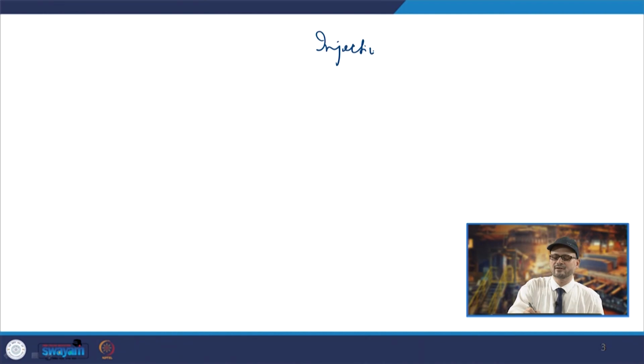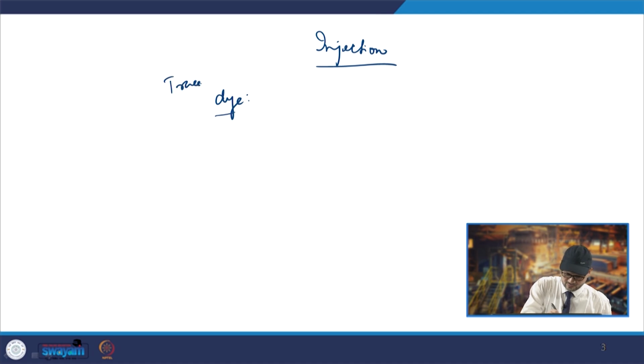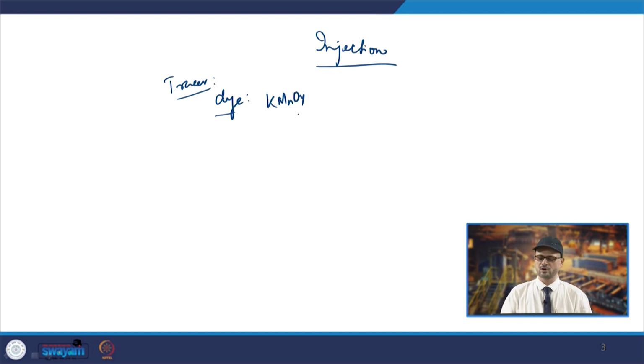It will diffuse inside the tundish, and its concentration will be monitored at different points inside the vessel or at the outlet of the tundish or ladle. Normally the tracer is a dye, typically KMnO4 solution, or you have other neutrally buoyant fine particles used as tracer particles.